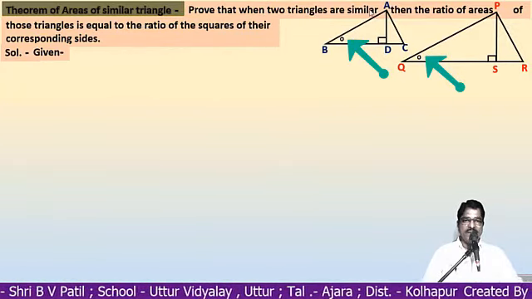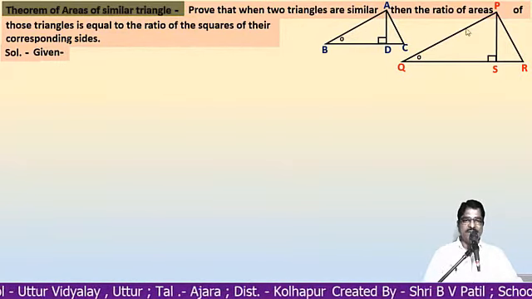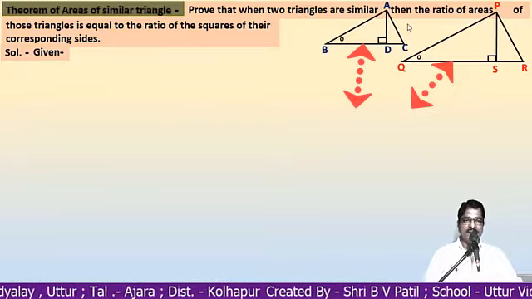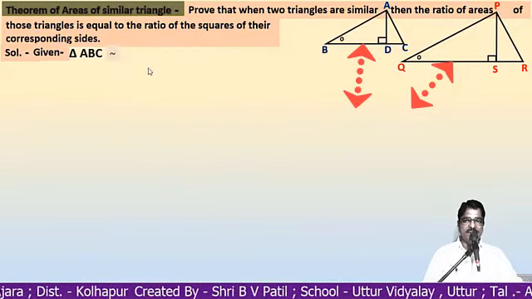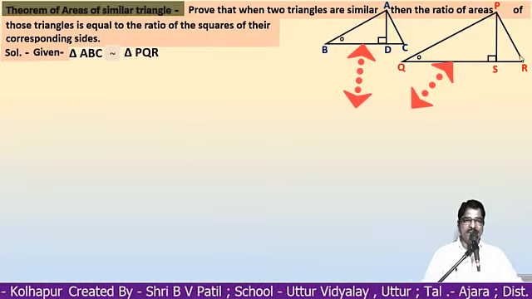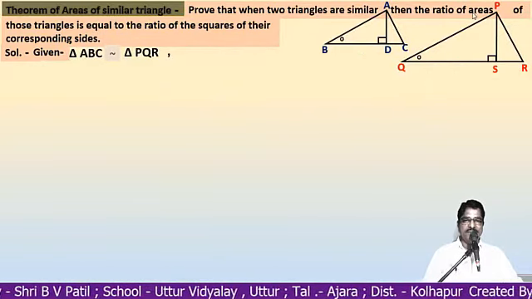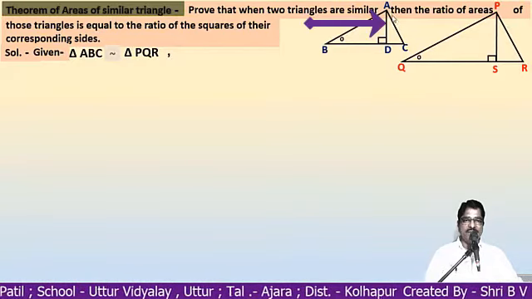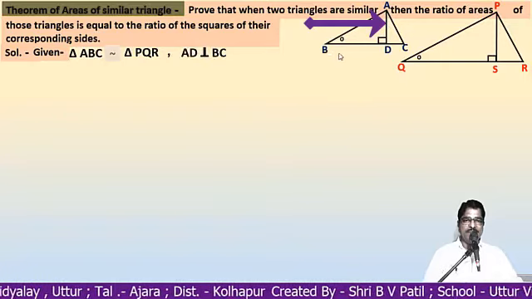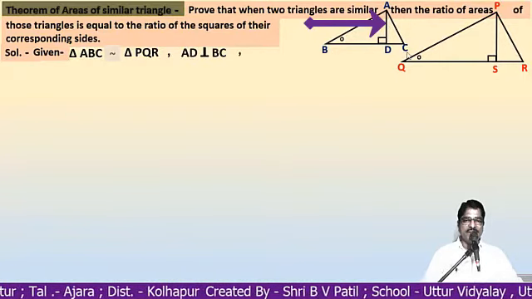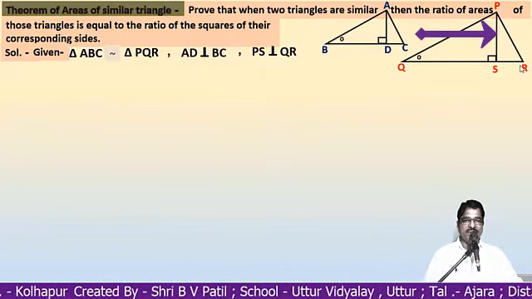Here two triangles are similar means tell which triangles are similar. That is triangle ABC similar to triangle PQR. And here for area we draw perpendicular, that is AD is perpendicular on BC and PS is perpendicular on QR.